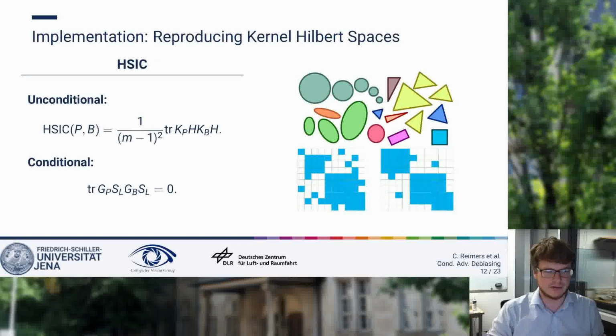The second is a kernelized measure, the Hilbert-Schmidt dependence criterion, where we calculate kernel matrices and then, by the similarity of these kernel matrices, can decide whether something is dependent or conditionally dependent.